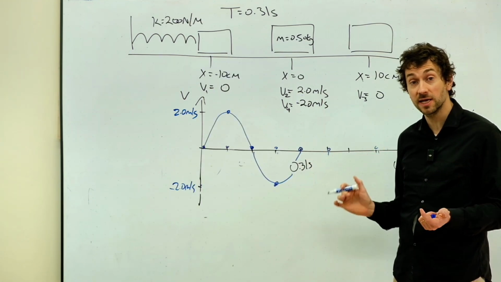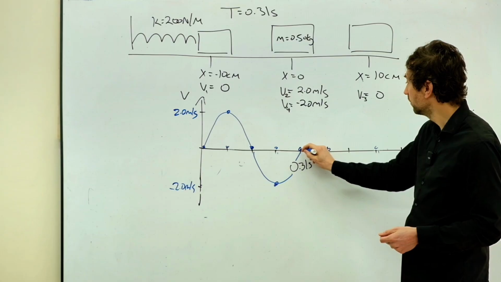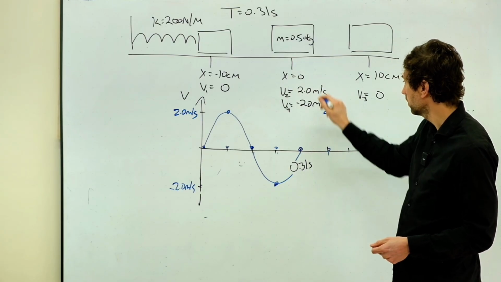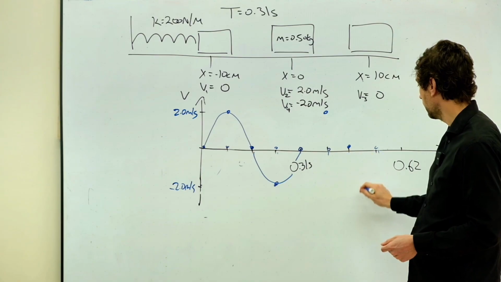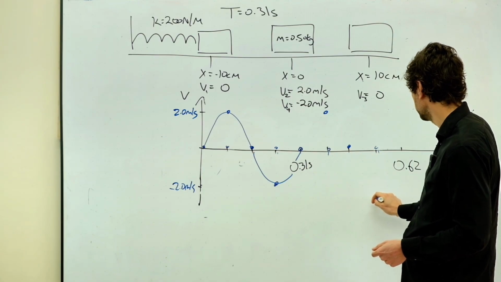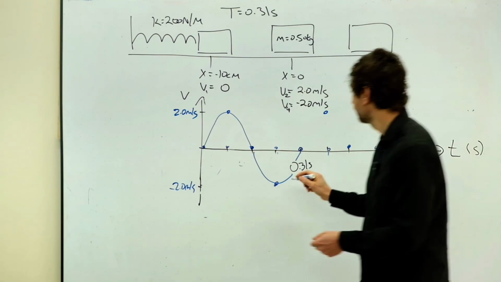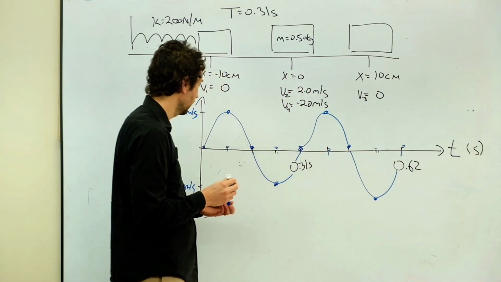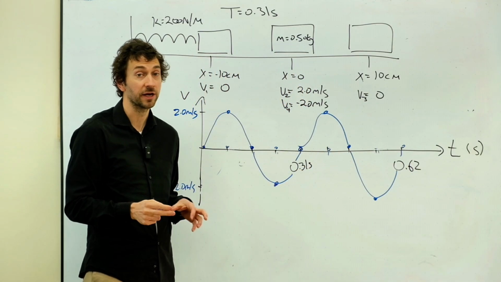I'm just going to draw a second period where it's 0, and then we go to 2 meters per second here, and then 0, and then negative 2 meters per second, and then 0. And we draw like this. Very good. So I want you to notice a couple of things.